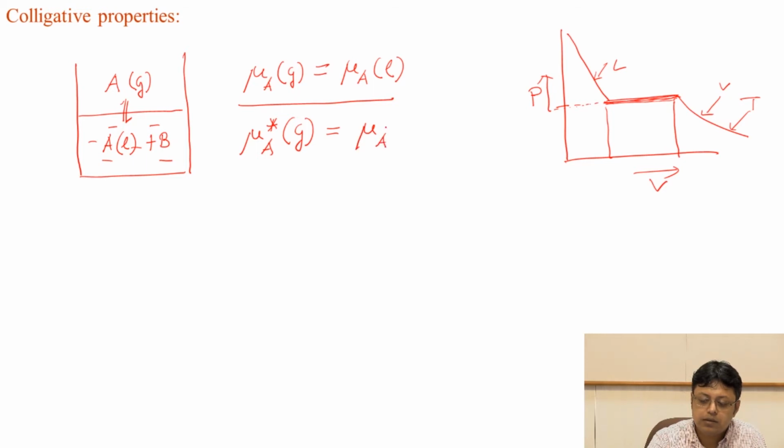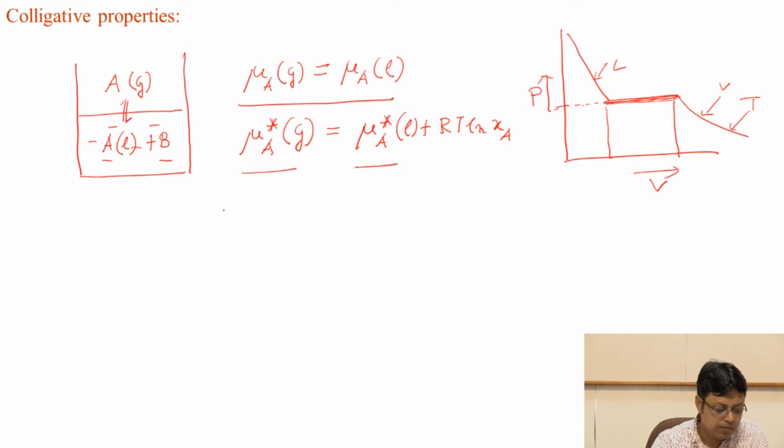But for the liquid phase, instead of mu A, we should write mu A star liquid plus RT ln XA, because PA by P0 we approximated as XA. Now we can take the difference.